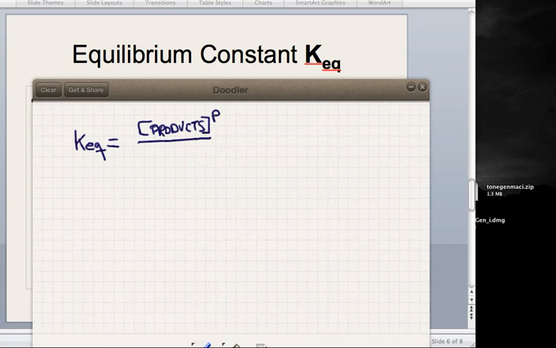I'm going to put a P here. This P refers to any of the coefficients. You're going to see how this comes into play if we have multiple compounds. And then over here, it's over the reactants, and we're going to put an R here for reactant.